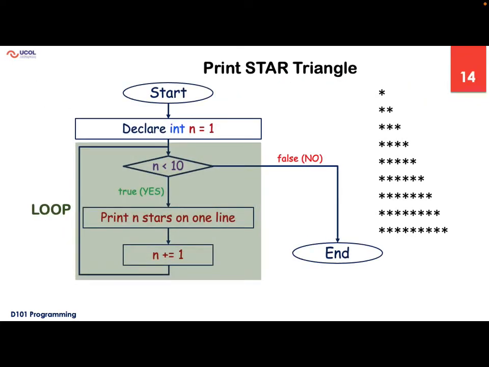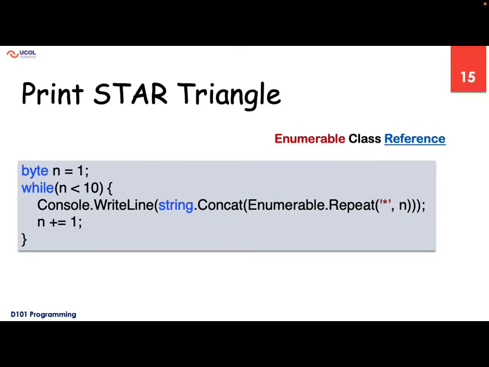So again, printing something on the screen: how many stars you want to print, how we can implement that using the while loop. Simple. So n is equal to 1, initialize the value, and then you say n is less than or equal to 10, or less than 10 only. If we use equal to 10, it means it will also print the 10th line as well.